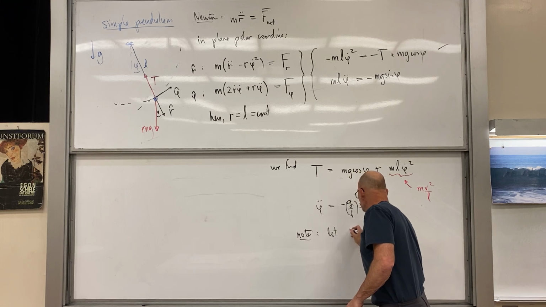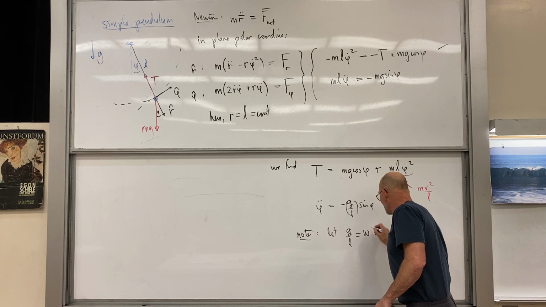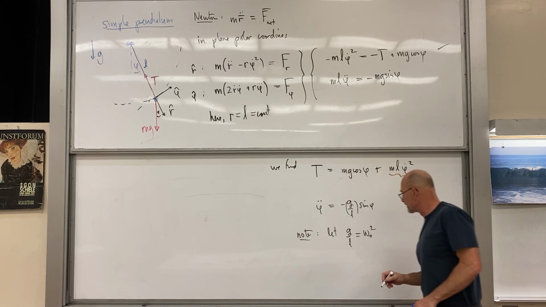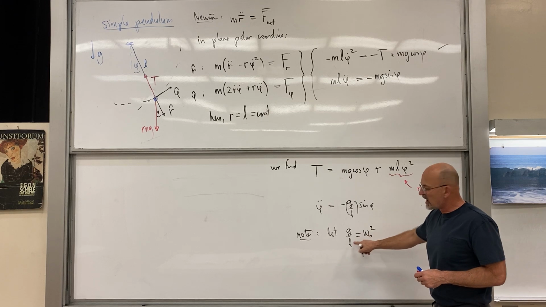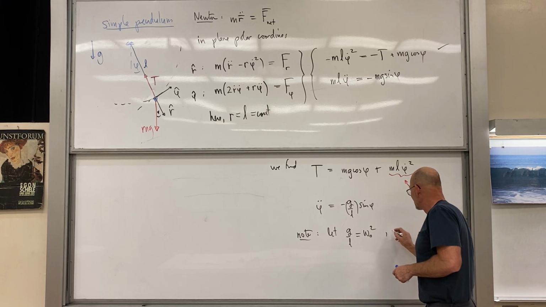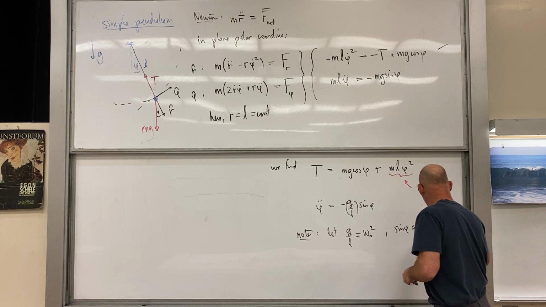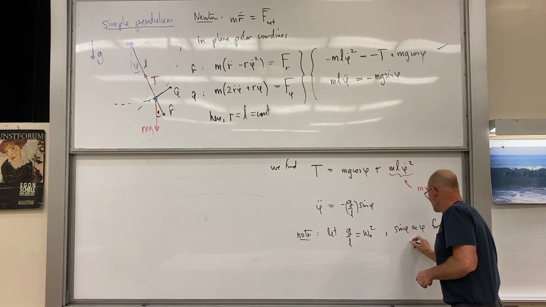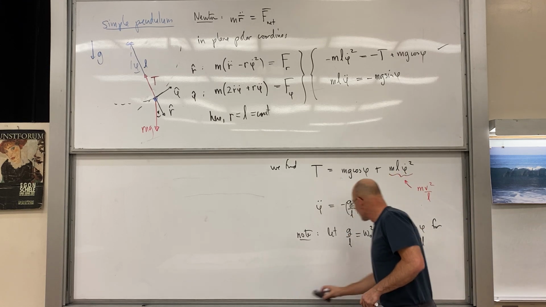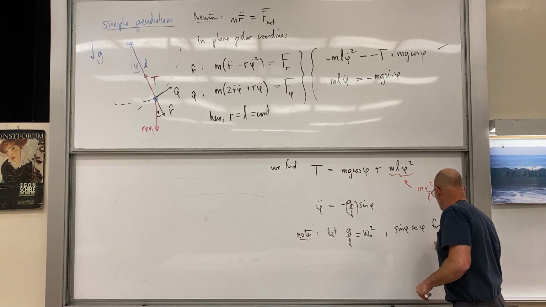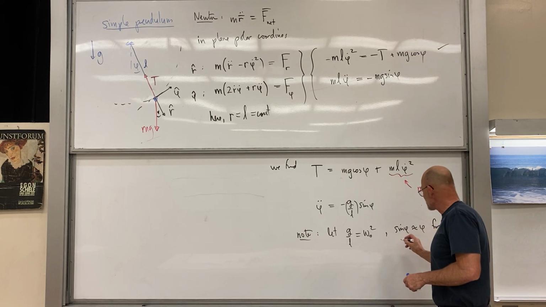Let g over L equal omega naught squared. It has nothing to do with phi dot. That's going to be the oscillation frequency. Sine of phi approximately equal to phi for phi much less than 1, that's called the small angle approximation.